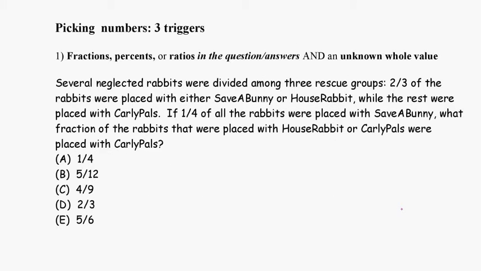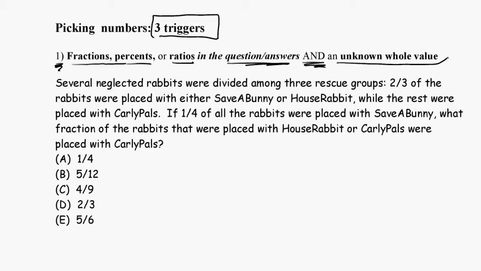So, picking numbers, as I just said, there are 3 triggers. However, again, in this video, we're just going to talk about one, and it's kind of a mouthful. If you see fractions, percents, or ratios in the question and the answers, and really important, an unknown whole value, that's a trigger for you to pick a number.